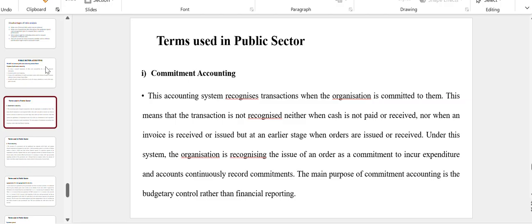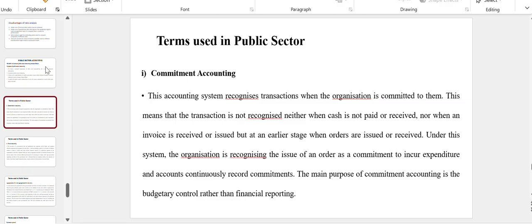Now, let us begin with the first term, what we call commitment accounting. This is a type of accounting in public sector. But what do we mean by commitment accounting? This is where transactions in the public sector, or any entity that benefits from the public fund, will be recognized in their books of account once the entity commits to them.